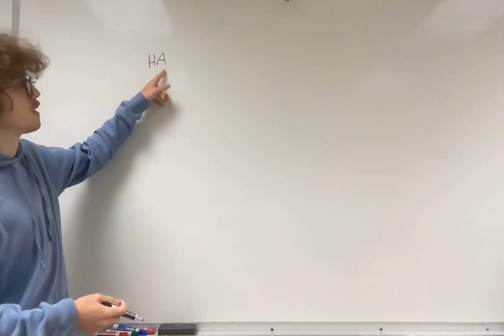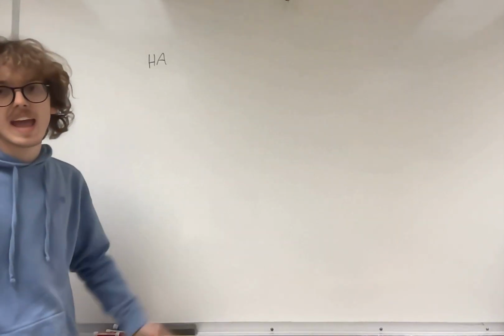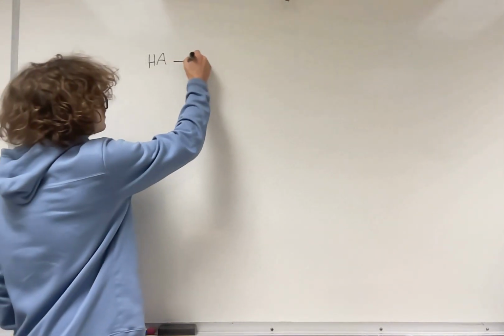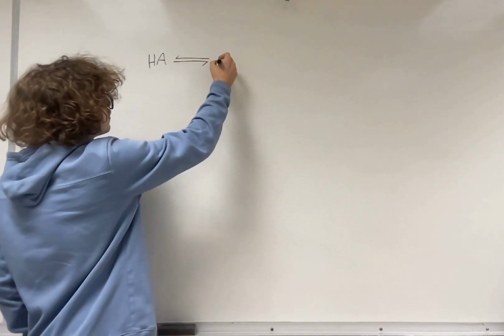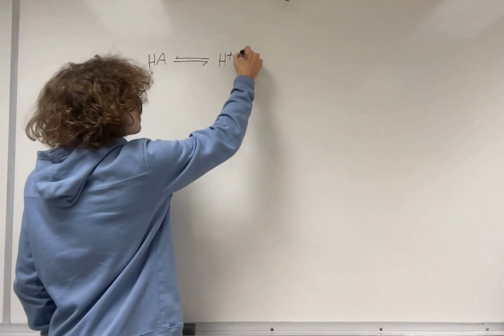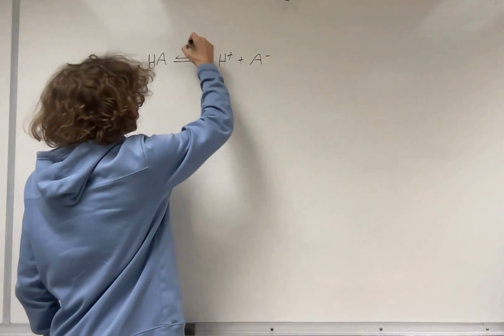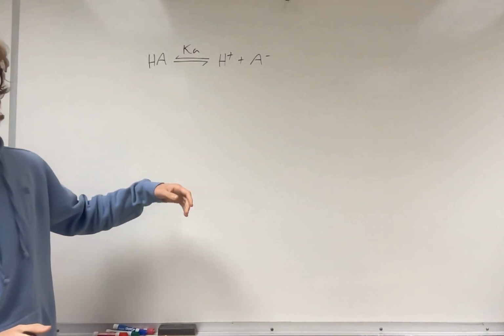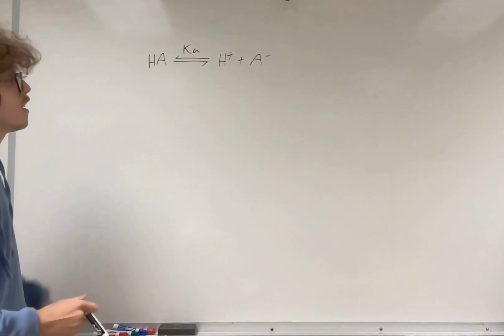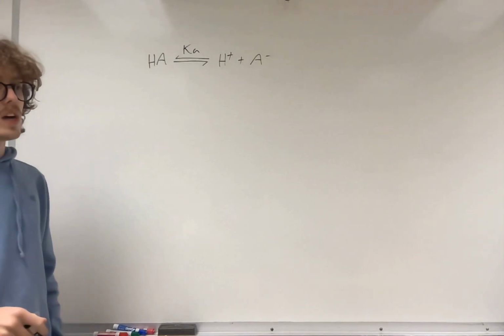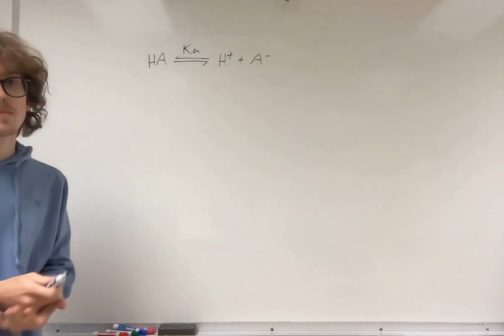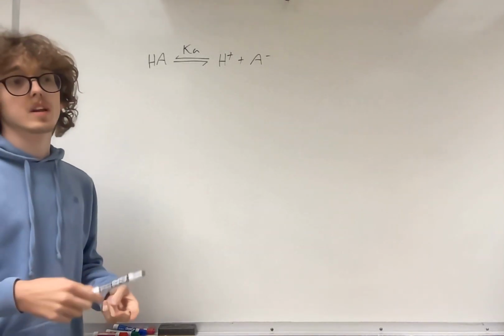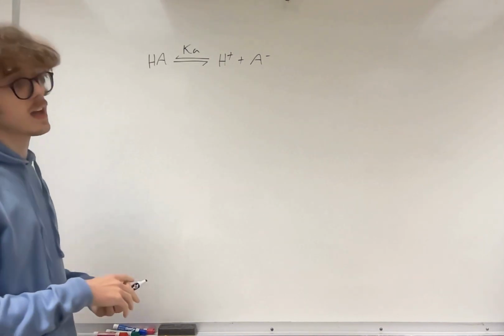So we have H and then that other part A, and that will dissociate into H plus and A minus, and there's some Ka associated with that. For right now, since there's only one Ka, we'll just call it Ka, but when we get into polyprotic systems, that's going to become K1, K2, K3. We're going to have multiple Ka values.